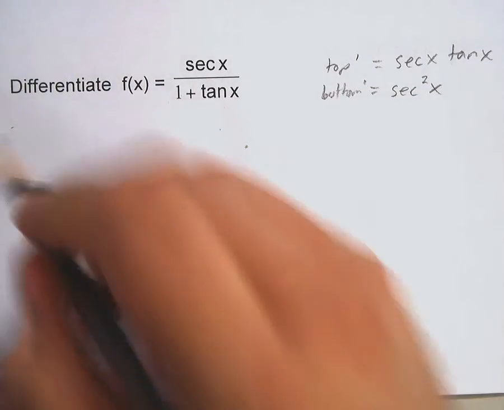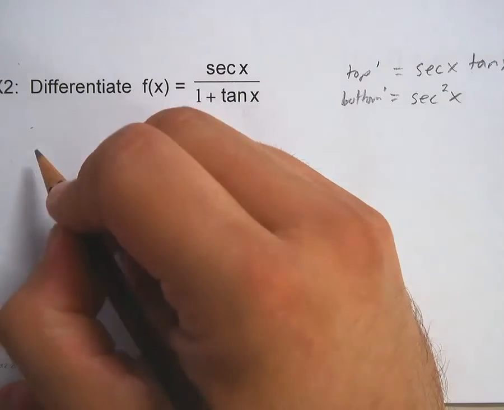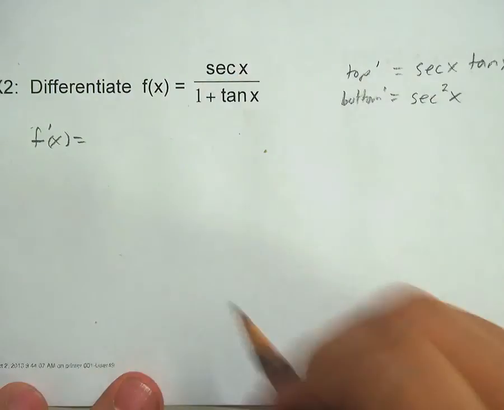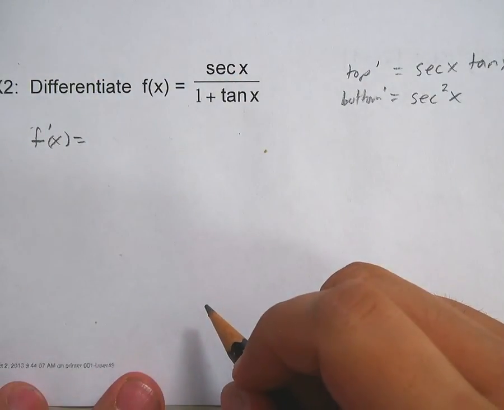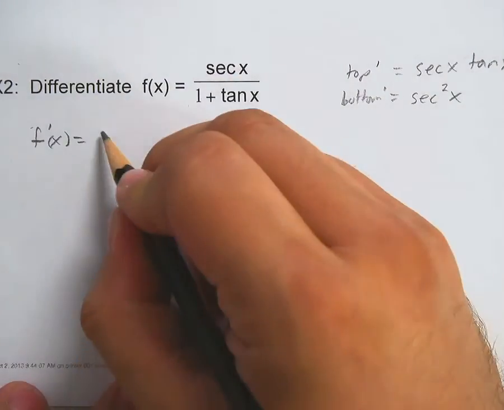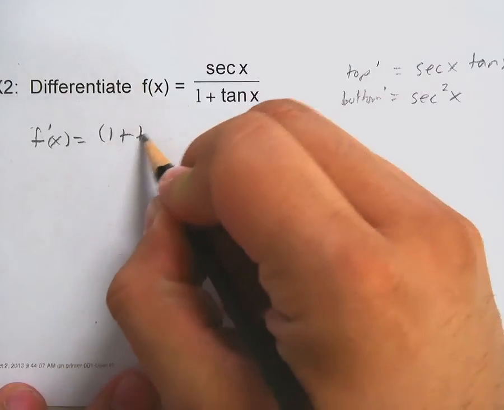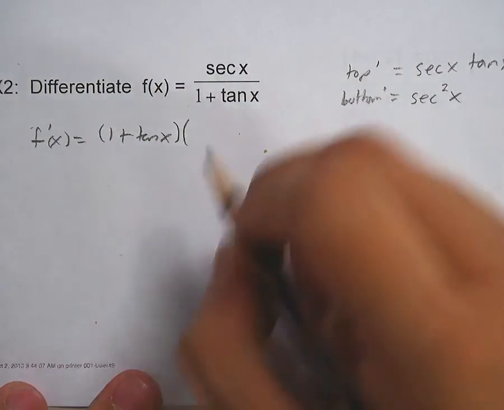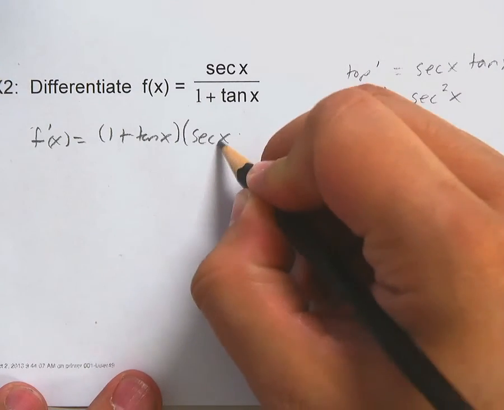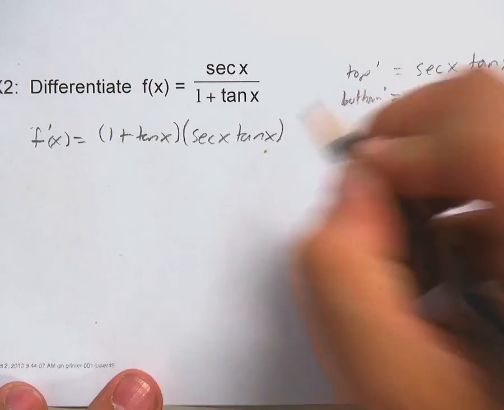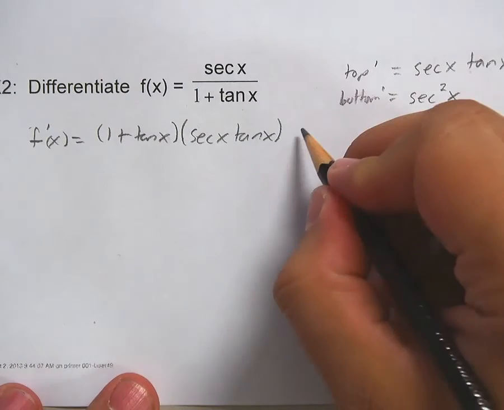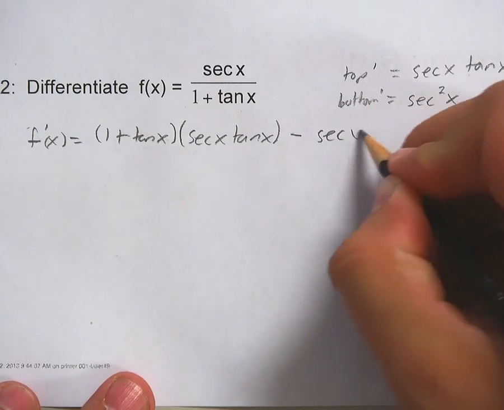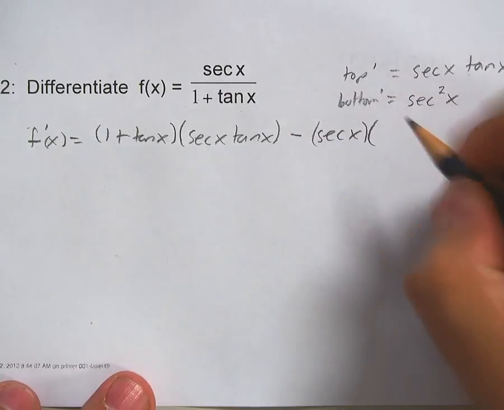So f prime is going to be bottom d top. Bottom times the derivative of the top minus top d bottom.